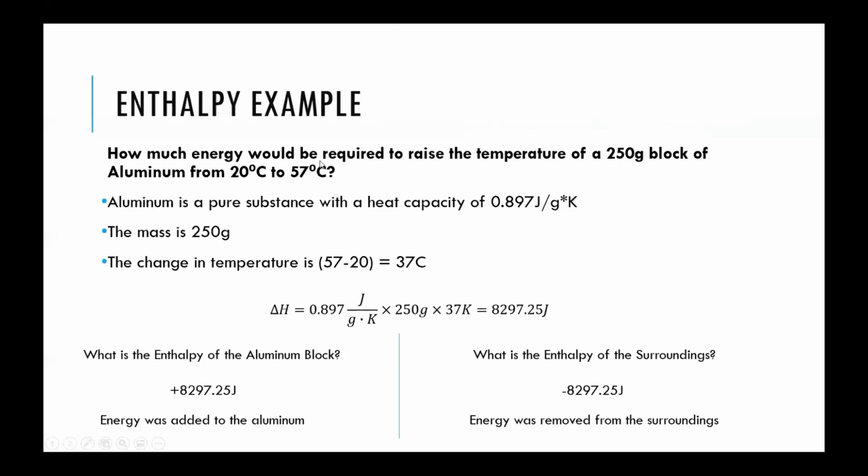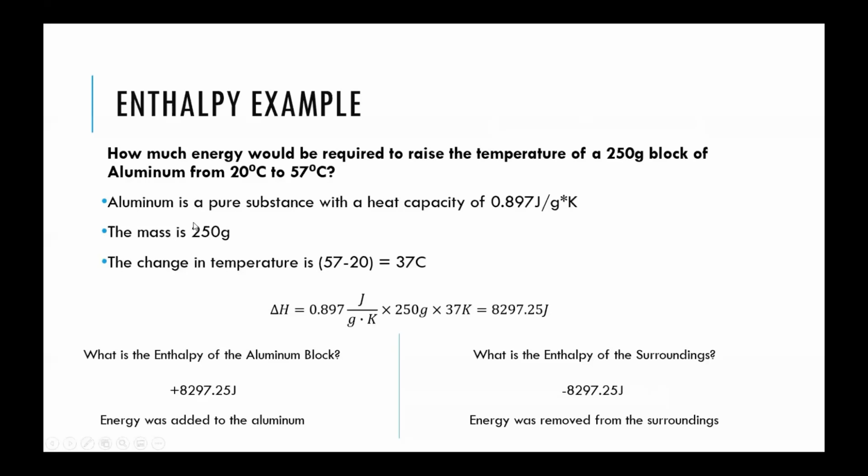How much energy would be required to raise the temperature of a 250 gram block of aluminum from 20 degrees Celsius to 57 degrees Celsius? So first, you're looking at these 3 things: the heat capacity, the mass, and the change in temperature.